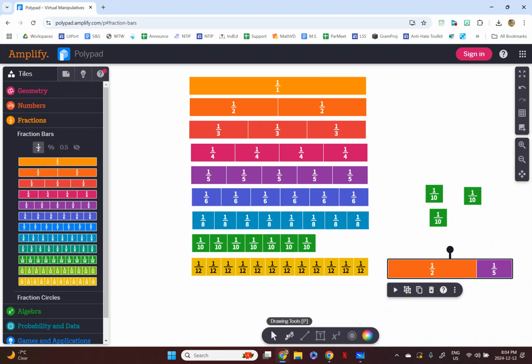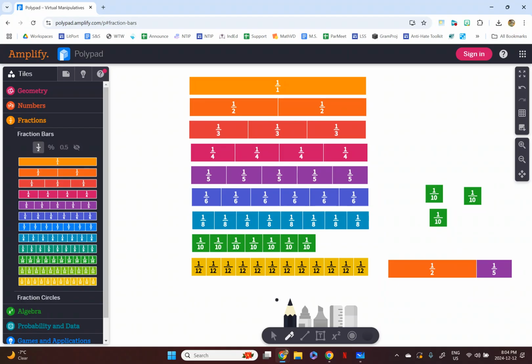So if I count here, I can see that I have 1, 2, 3, 4, 5, 6, 7 pieces that are each 1/10. So 1/2 plus 1/5 is equal to 7/10.